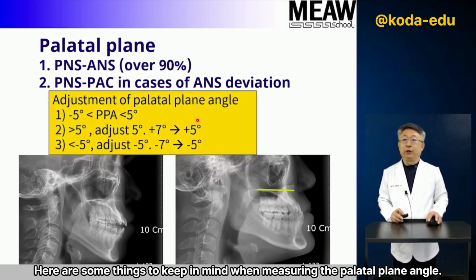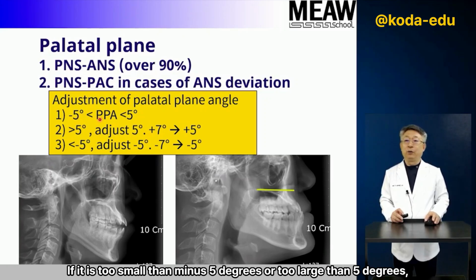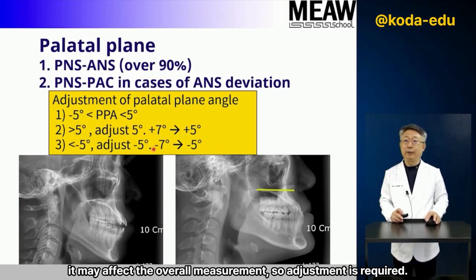Here are some things to keep in mind when measuring the palatal plane angle. If it is smaller than -5 degrees or larger than 5 degrees, it may affect the overall measurement, so adjustment is required.